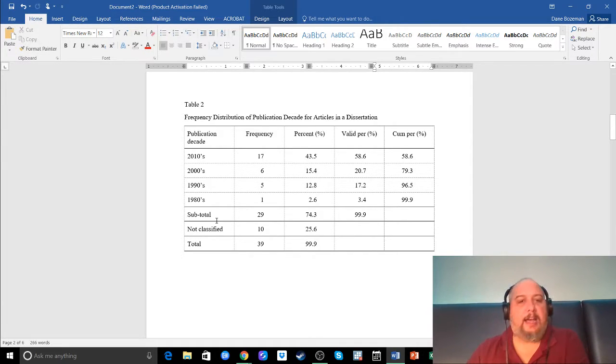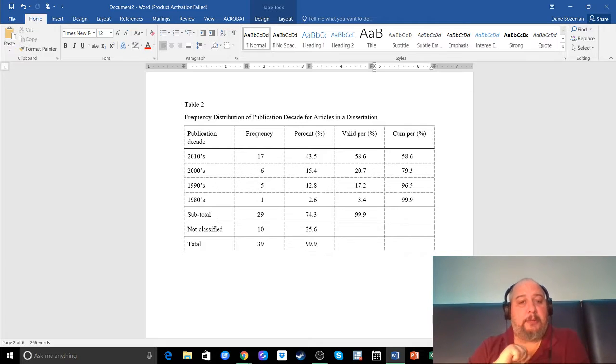Okay, how is it interpreted? Now that gets really hairy. We interpret it based on the question that we're asking. So for example, for this table, if my question is related to how recent is the data, or how recent is the information in this dissertation, then I'm going to interpret the table one way. If the question is how old is the information, then I might interpret it a little bit differently.